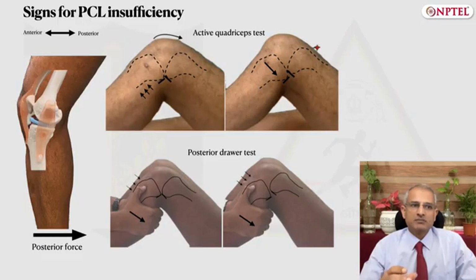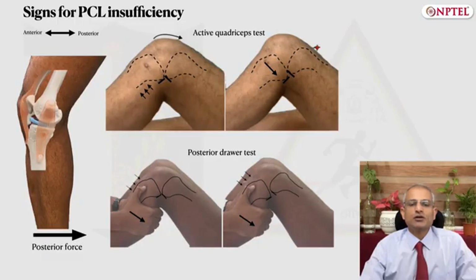If the tibia is subluxated posteriorly in cases where PCL is deficient, the moment the patient contracts the quadriceps, the tibia translates anteriorly and it subluxates back when the patient relaxes. And this is commonly seen in PCL tear.